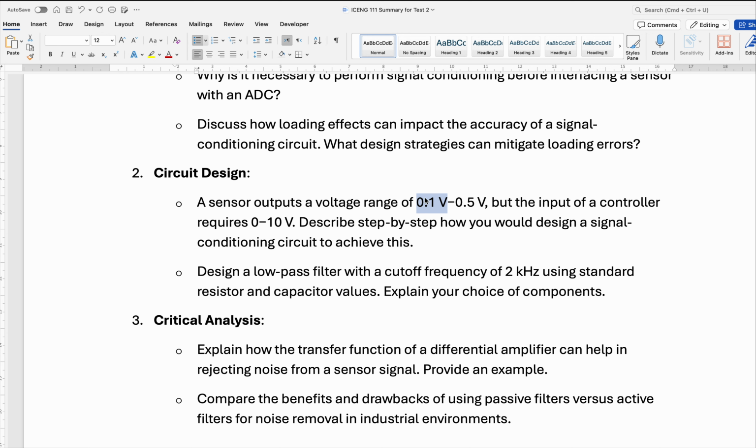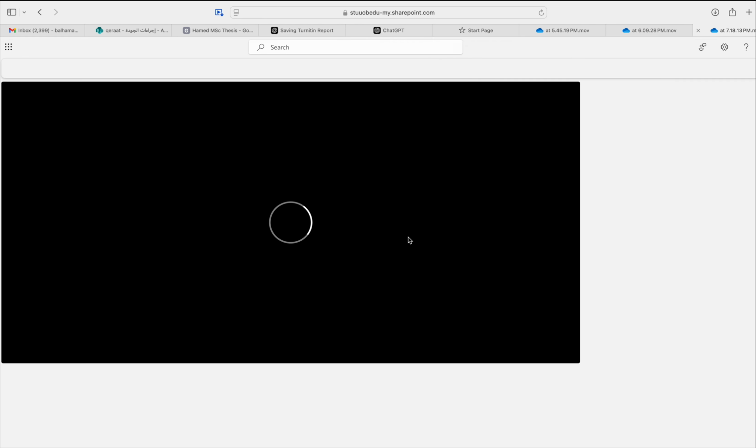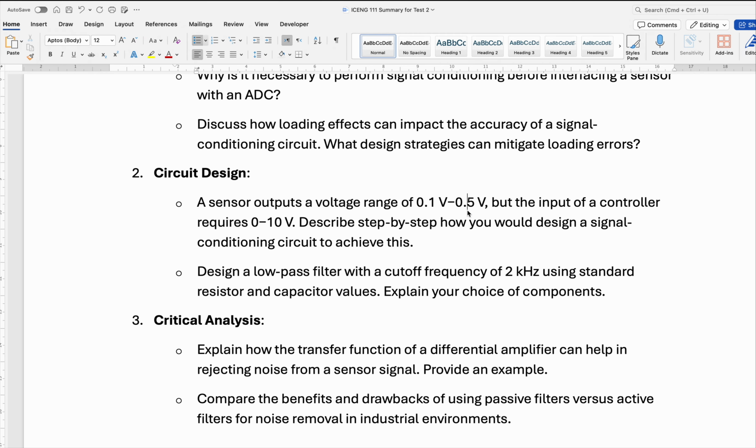It's simple because 0 maps to 0, and for 0.4 I need to multiply by 10 and divide by 0.4, which is multiplying by 25. If I do this, I get 10 volts, which is the transfer function I'm identifying.